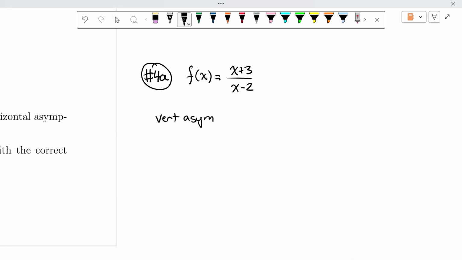Did anyone find any vertical asymptotes? Two, that's it, yep. Next up, find the critical points, which means using the quotient rule.